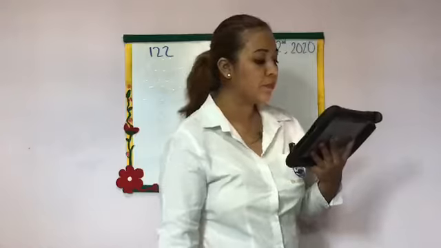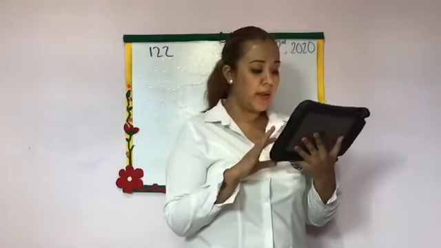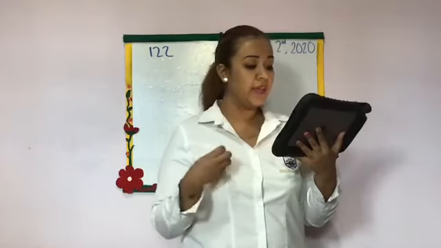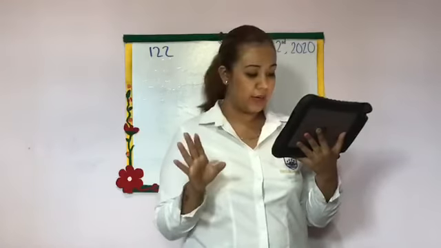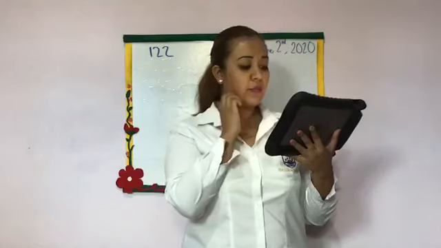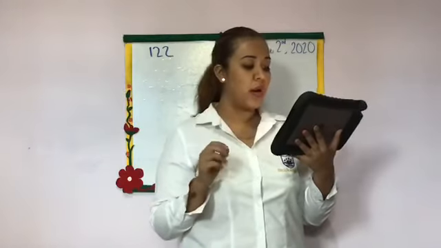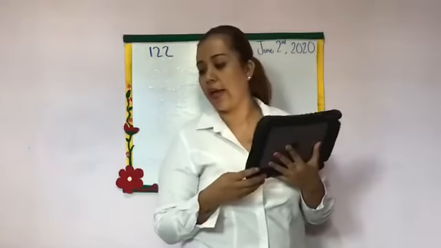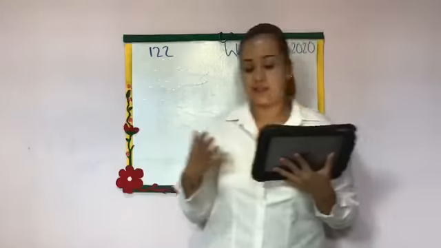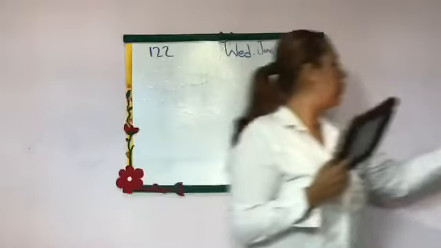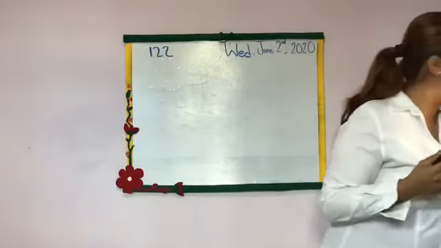Now we have translucent objects, which are something we can see through but not entirely. Light does not pass through them completely, such as a facial tissue or a window curtain. So this, for example, I do have a tissue.